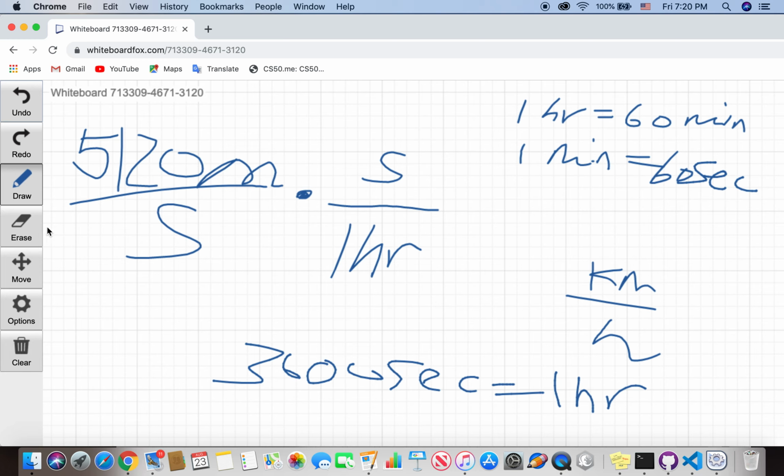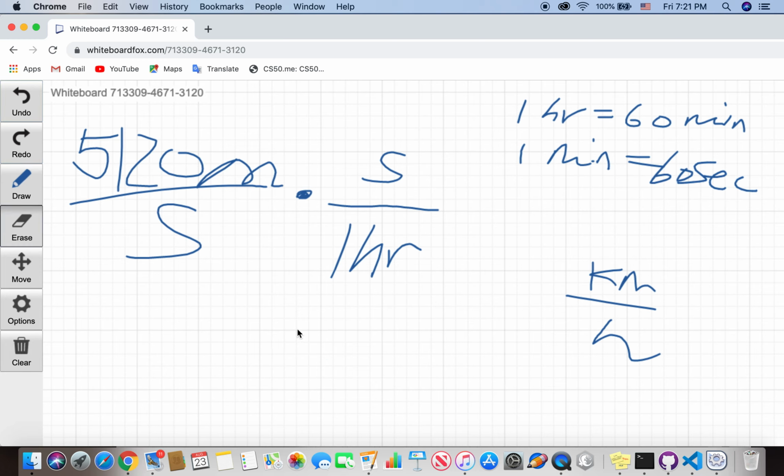Okay, so after we figure out all of that, we get 3600. And then I'm going to keep multiplying. We're going to multiply this time by meters, and I want it in kilometers. So how many meters in a kilometer? Well, obviously there are 1,000 meters in a kilometer.